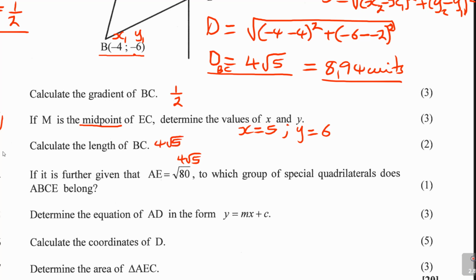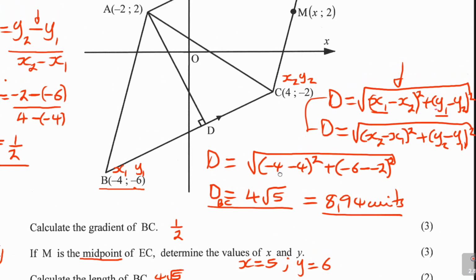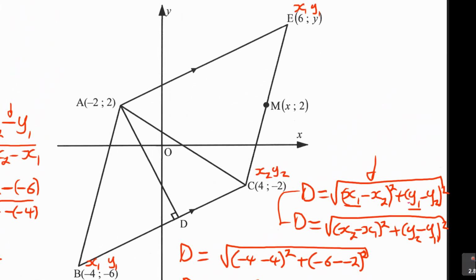So if you come here on our diagram, you can actually see something here that is unique. You can see that BC is equal to AC. That's the first part. So this one is equal to that one. And at the same time, they are parallel. You understand?